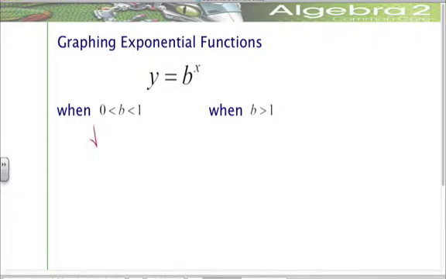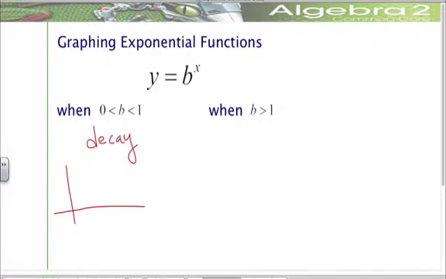In this case, we're going to have exponential decay. What that means graphically is that something will decrease, but it will not decrease in a linear fashion. It won't decrease in a straight line like this. That's not going to happen. And it won't decrease like a parabola, kind of like that.